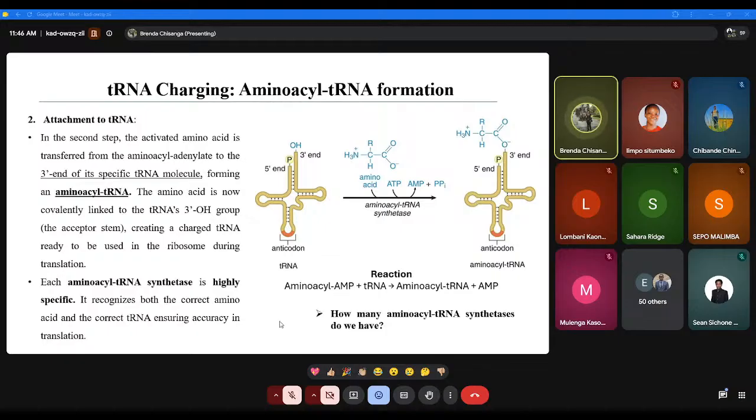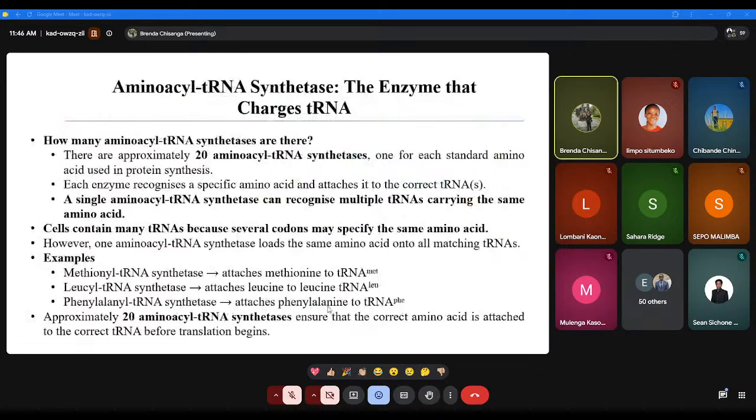Okay, what we're trying to say here is that we must have approximately 20 amino acid tRNA synthetases to distinguish the 20 amino acids that naturally occur in our cytoplasm. When I say cytoplasm, of course, it can be a bacterium too, because translation in both cells takes place in the cytoplasm.